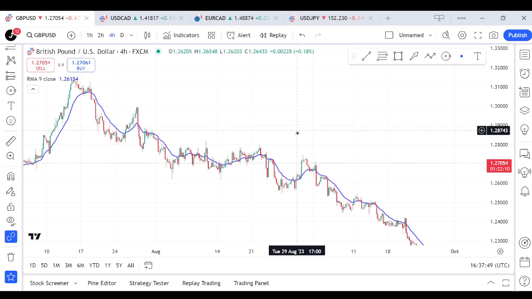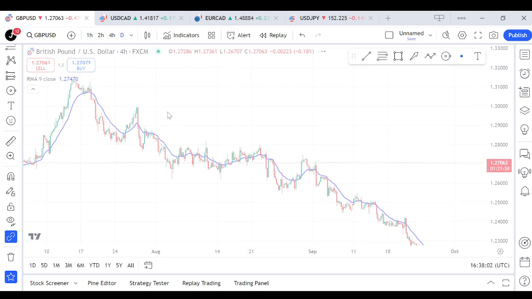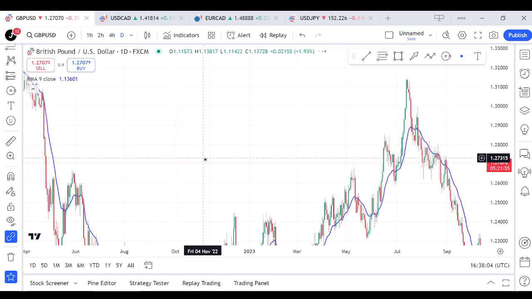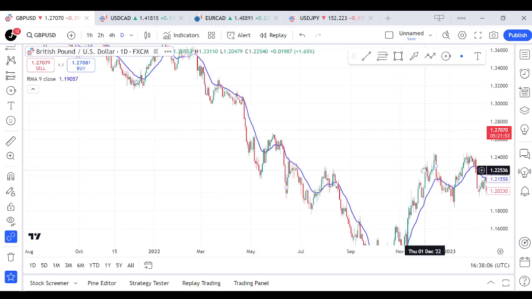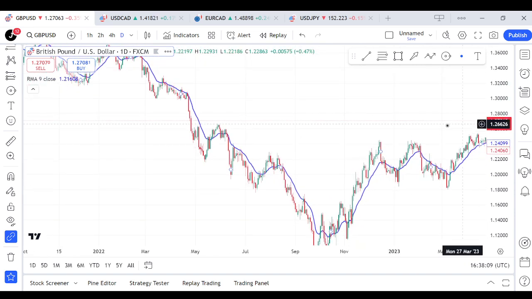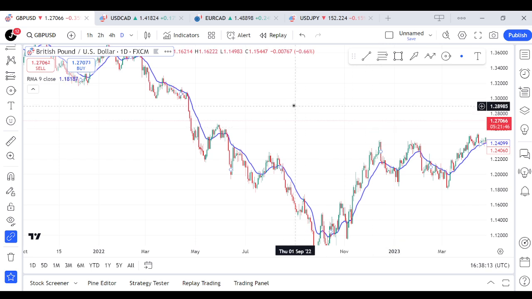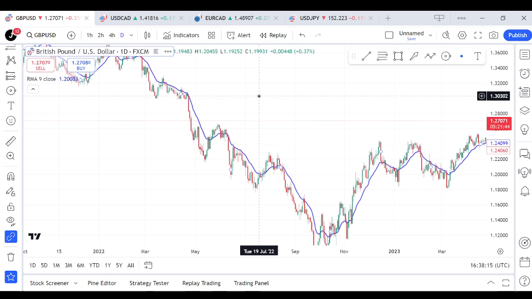The rolling moving average can be applied to various time frames, from short-term intraday charts to long-term weekly or monthly charts. We are on the 4-hour charts currently. Let me just check the daily chart, and you can see it on the daily chart. The choice of period depends on your trading style and the specific currency pair you are analyzing.